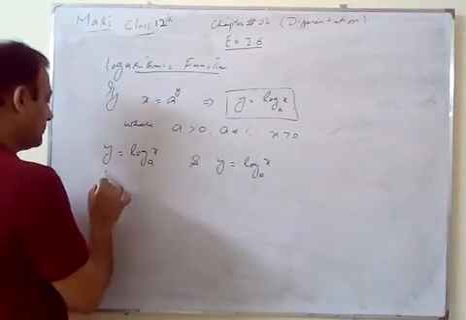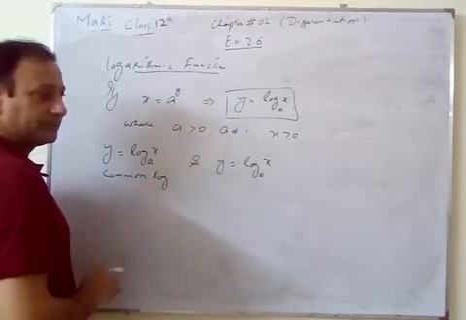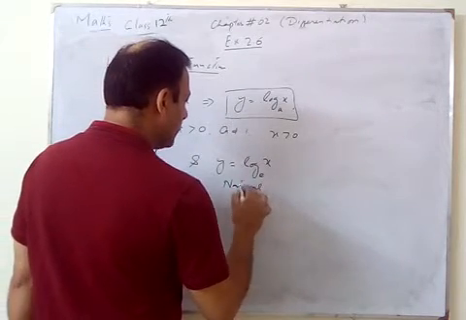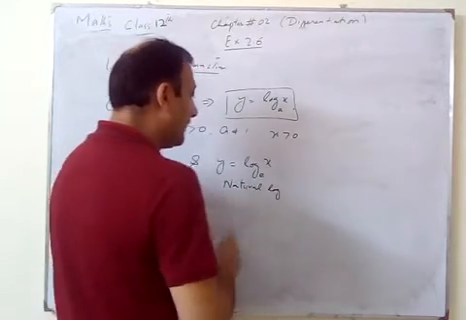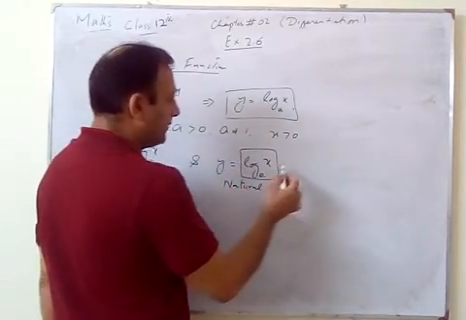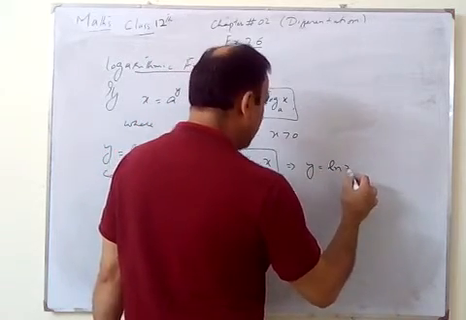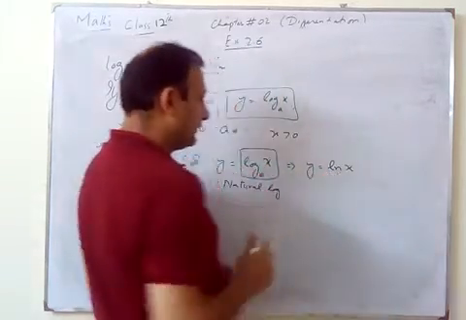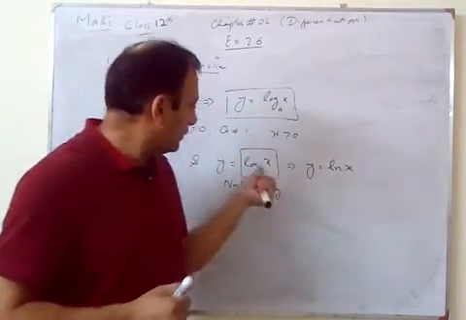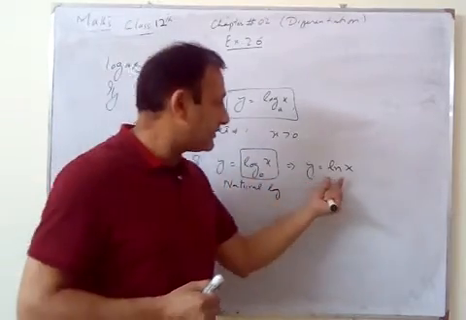This logarithm is called the common logarithm, whereas this one is called the natural logarithm. But this natural logarithm, we normally don't write in this form. We write it like y is equal to ln x. For the natural log, the symbol used is ln. So log of x base e means natural logarithm, and it is written like this.